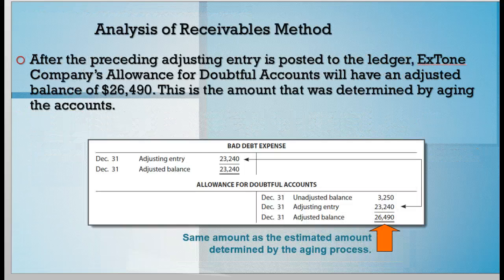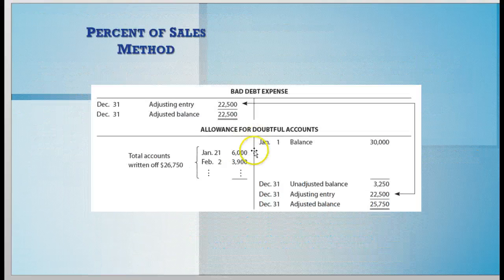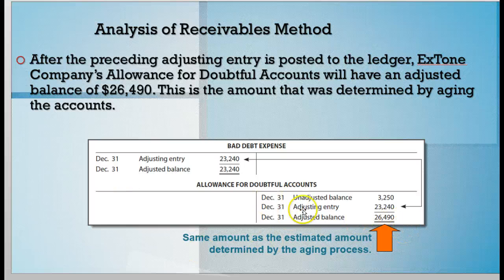So with the sales method up here, you didn't have to do that because you were taking sales each year. I didn't have sales in the previous year that could be included in this. In this one, I have already taken into consideration $3,200 of that.